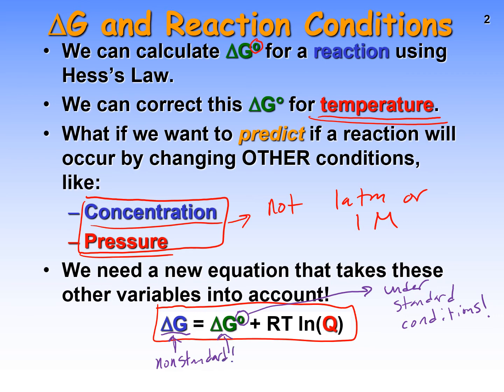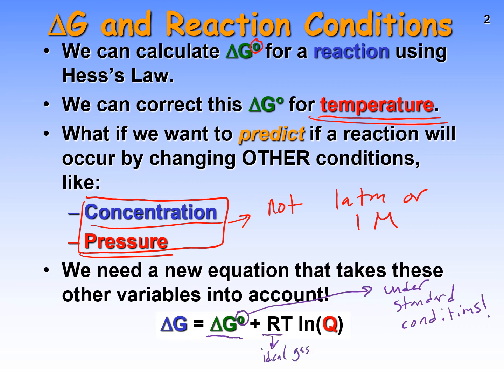And so we have this whole thing going on, right? This new equation involves the standard delta G plus R. This is our ideal gas constant, 8.314 joules over moles times Kelvin. This is temp, which has to be in Kelvin.